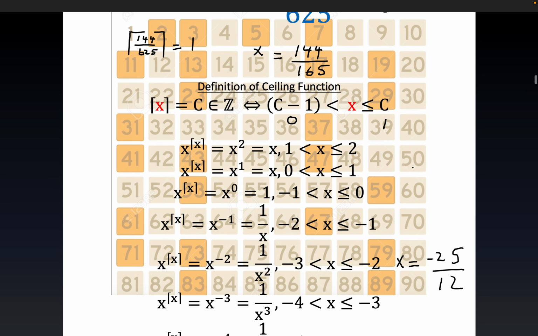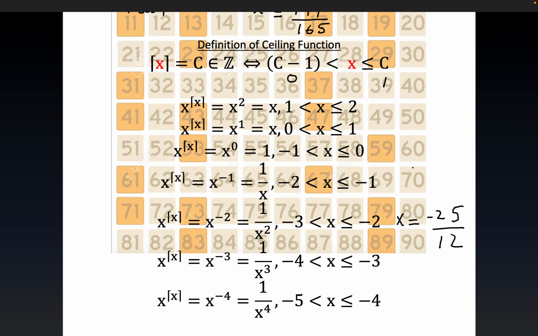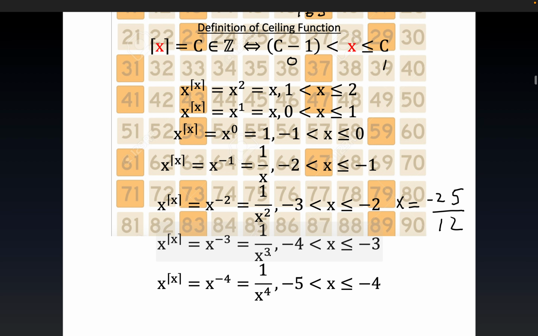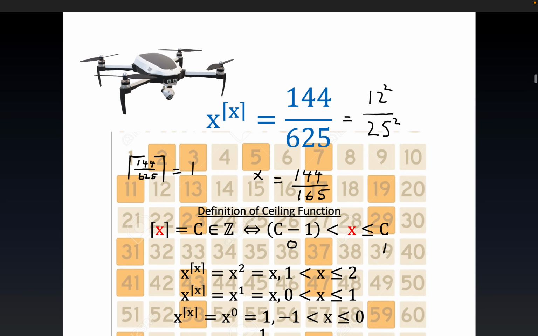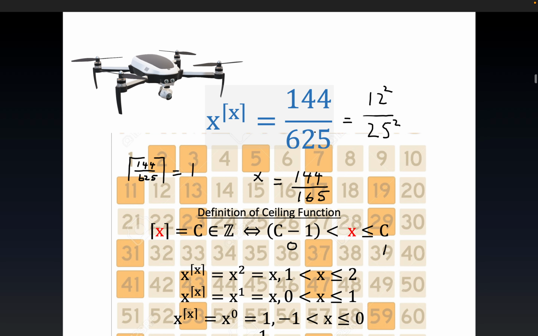Now, I'll go ahead and wave my hands that once you start getting 1 over x cubed, the numbers are getting closer and closer to 0. As this exponent gets bigger and bigger, I stopped at 4 arbitrarily, but you get numbers that are very, very small, much smaller than an already small number, which is 144 over 625.